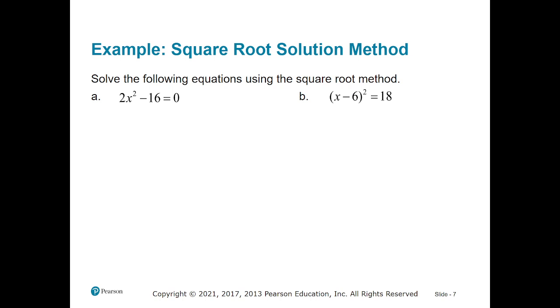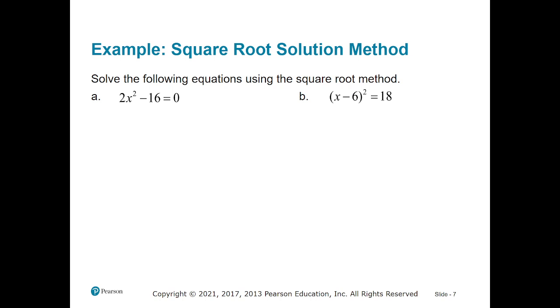We note that A is not in its required form yet. So let me first move that 16 to the other side, and I'll have 2x squared equals 16. Well, this still isn't really in the form, so we have to divide both sides by 2, and then I'll have x squared is equal to 8.